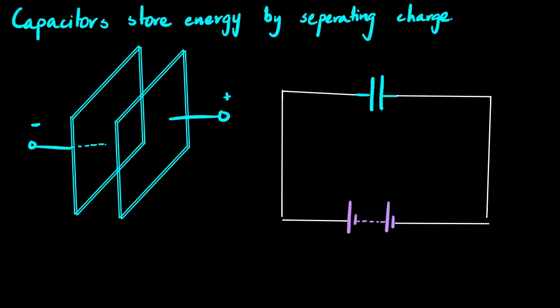The longer end is the positive terminal, and this is the negative terminal. When we were studying electricity in AS, we said that the negative end supplies an excess of electrons, right? And the positive plate does quite the opposite: it pulls electrons off of this end, right?